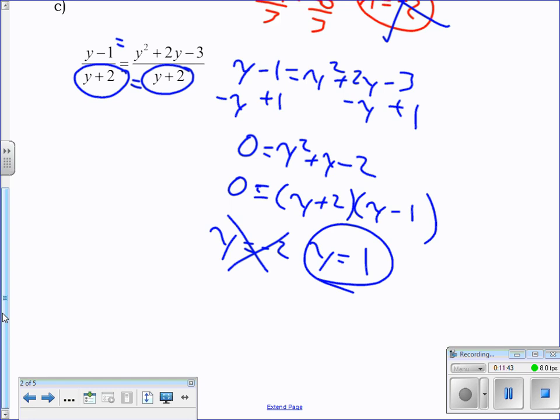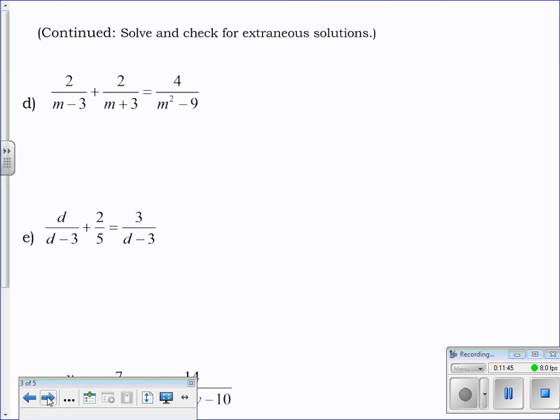Don't worry. It'll get, well, it just got worse. Okay. So, I don't have a proportion, so I can't cross multiply. I do not have the same denominator across, right? So I cannot just set the numerators equal and ignore the denominators, which I could if they were all the same.